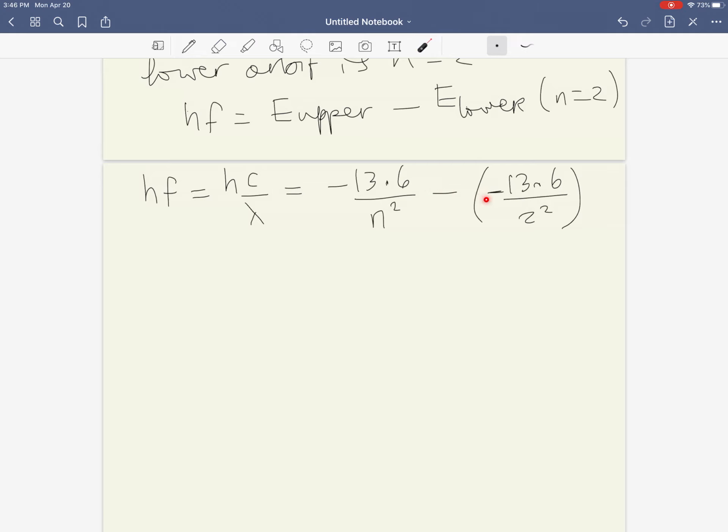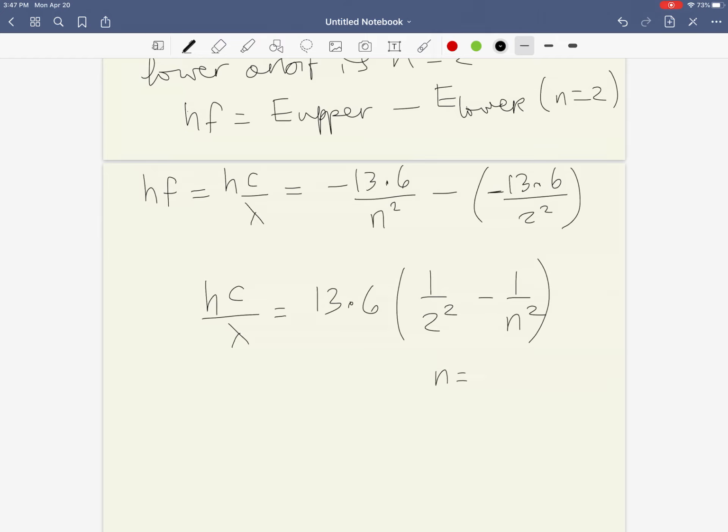Of course, negative times negative gives us positive. So we can rearrange this as follows. hc over lambda is then 13.6 times 1 over 2 squared minus 1 over n squared. And because n is a higher level than 2, n takes on the values 3, 4, 5, 6, and beyond.